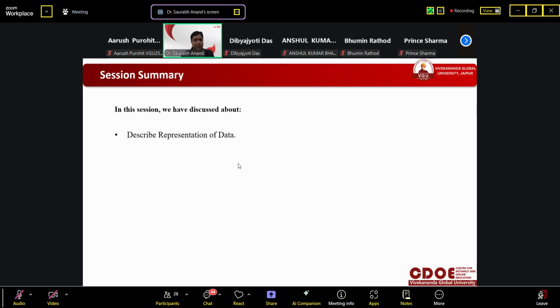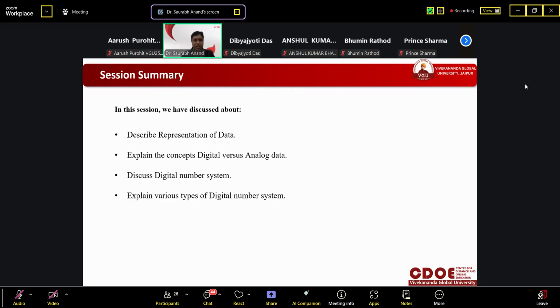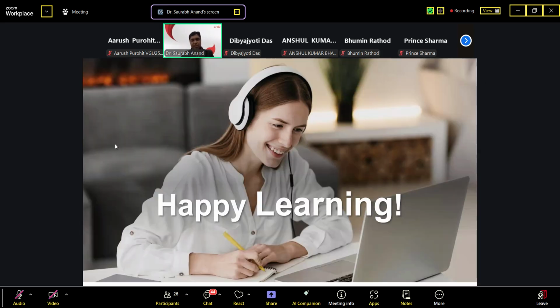So what we covered: the representation of data. We understood the concept of digital and analog data. What is digital system? We understood. What are the various digital number systems? So we have studied and covered all these things. So in next session, we will start the conversion process.